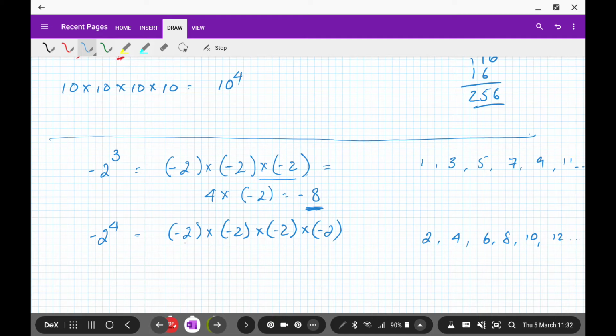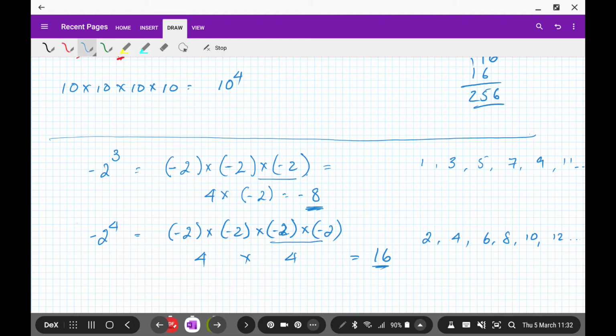Of course, minus and minus becomes plus, so in this case it's plus 4. Is that right? And then, again, -2 times -2 becomes 4. So 4 times 4 is 16. Have you noticed the answer? It's not negative, it's positive.